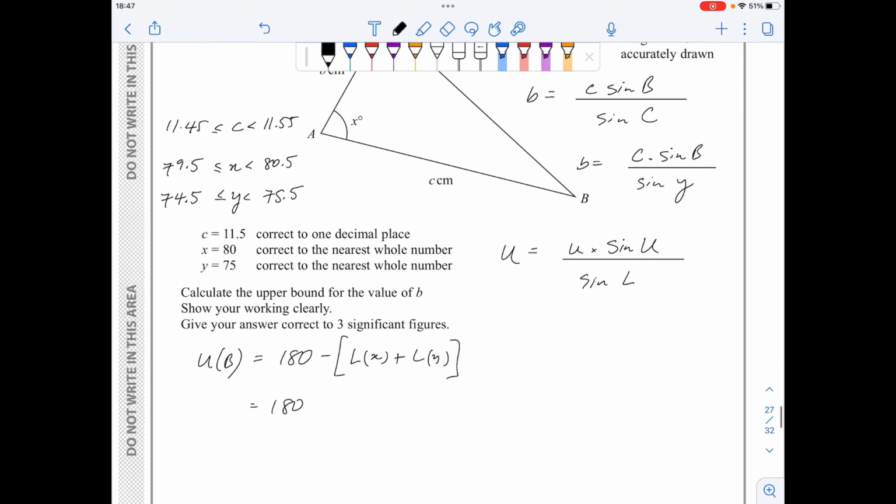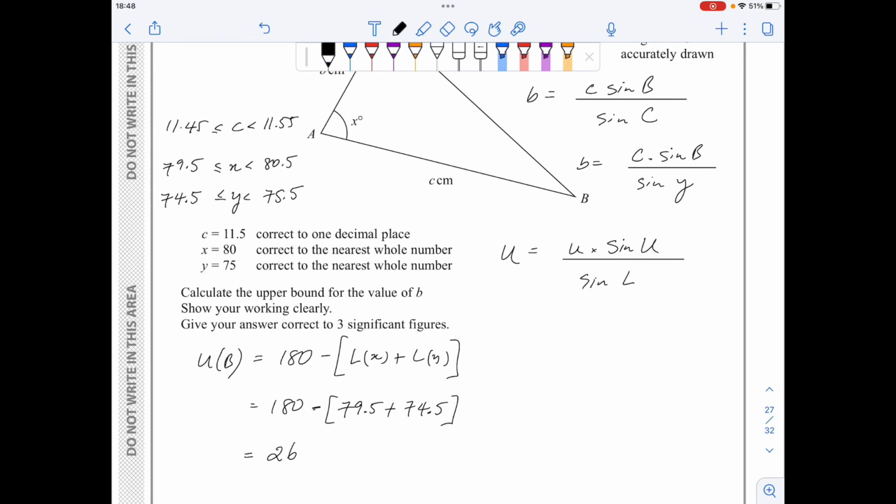So if I substitute these into here, lower bound of X is 79.5, lower bound of Y is 74.5, which gives an upper bound of B of 26 degrees.